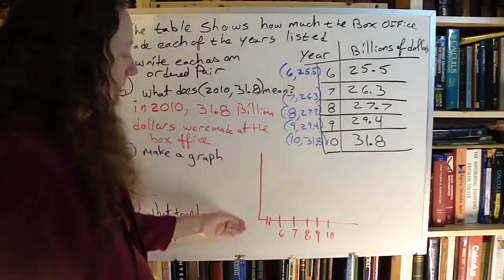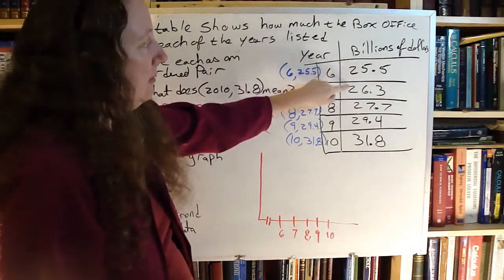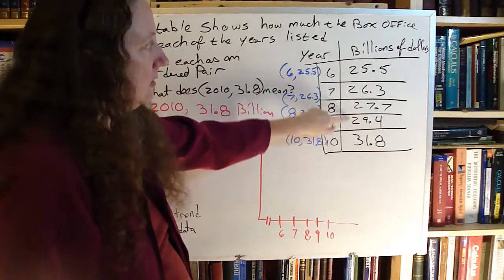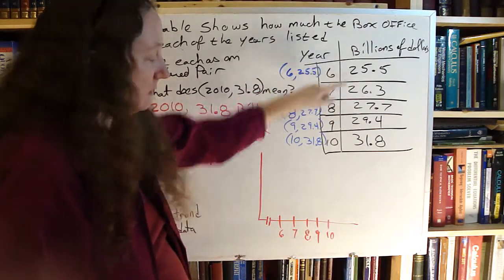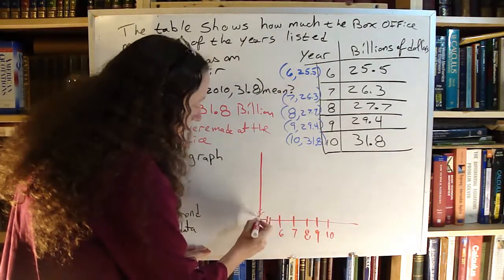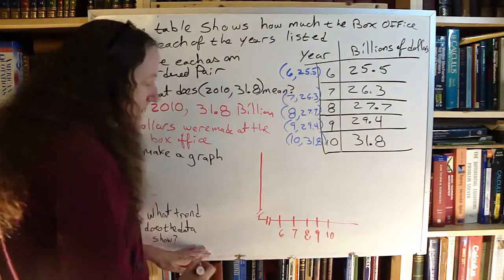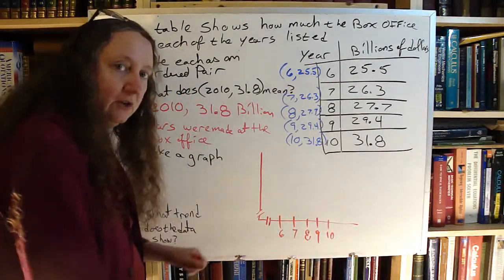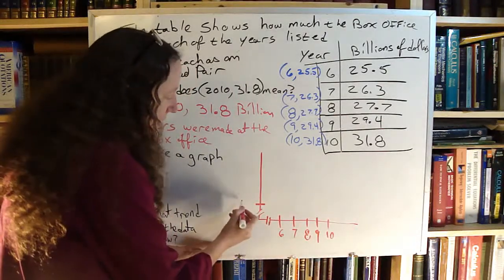Going up, my lowest number is 25.5. So I'm going to put my little lines in here and erase the bit in between them to say that I'm skipping a bunch of space there. And I'm going to make my first mark here and call it 25.